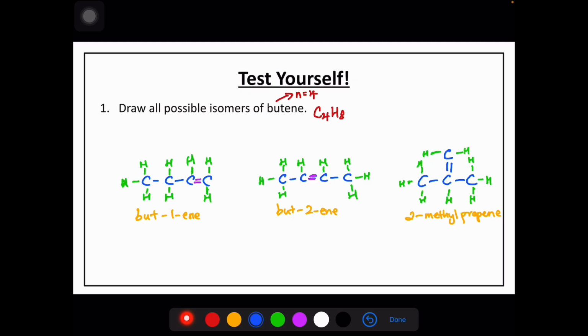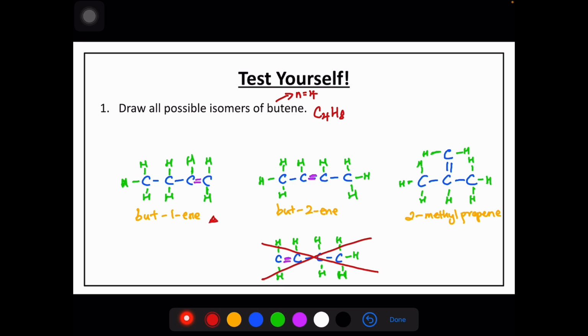Now some students might also ask, for the second one in the middle, can I then say that, let me shift the carbon-carbon double bond one more time to the extreme left side. So this time around, my drawing is as such. Would this then also be considered an isomer? Because technically it looks like I'm moving the double bond towards the left side. But unfortunately, this is not an isomer. Why?